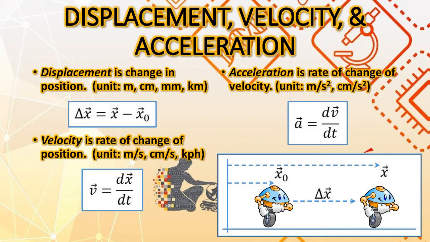So we have the variables for position, variables for speed or velocity, and variables for time. And of course, we have the variable for acceleration.